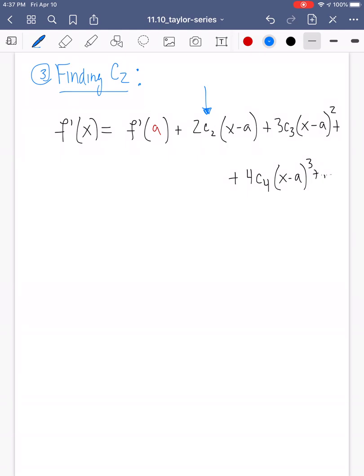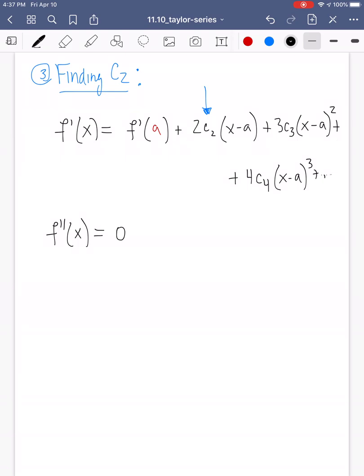Take a derivative. So instead of the first derivative, take the second derivative now. If we take the second derivative, that's going to wipe out that first term because f prime at a is just some number. It's a derivative explicitly evaluated at some number a.